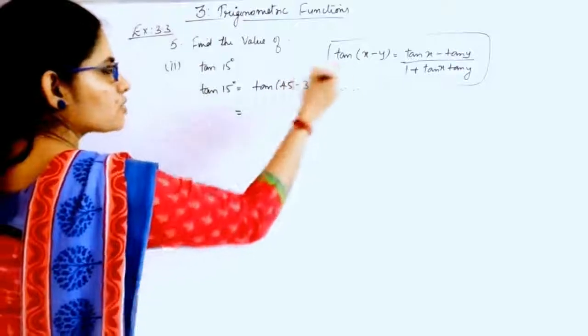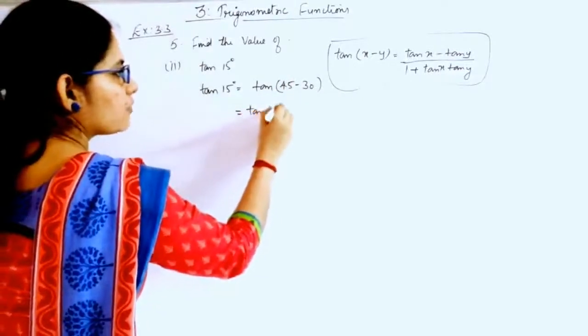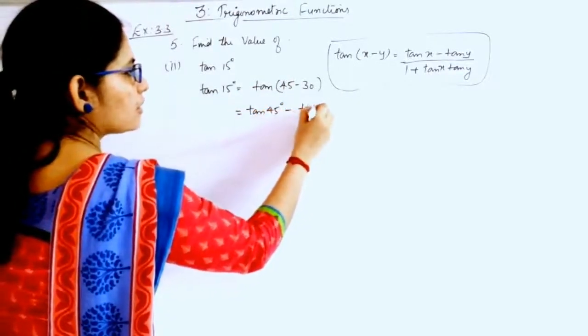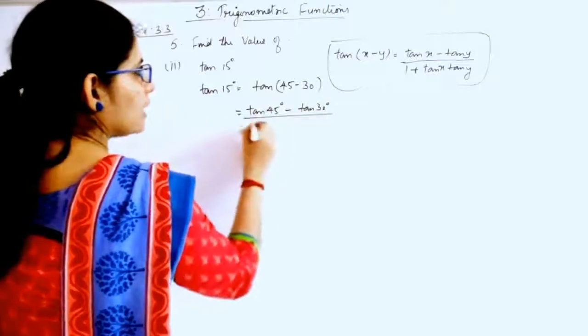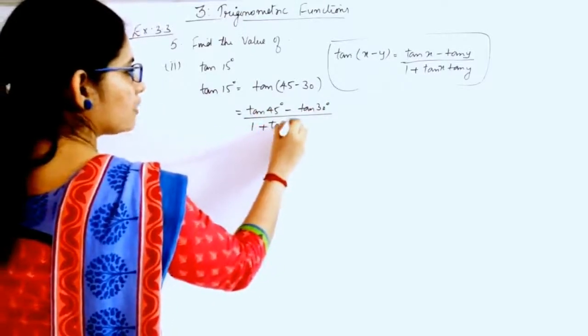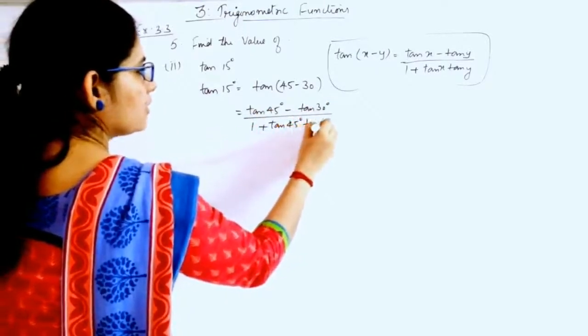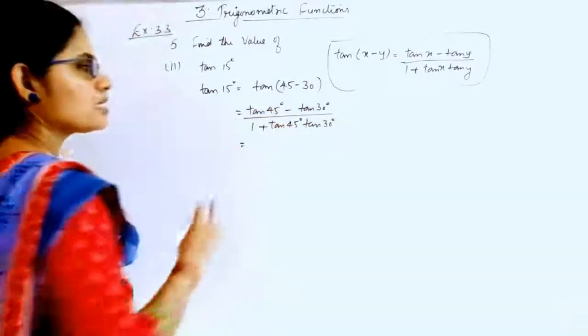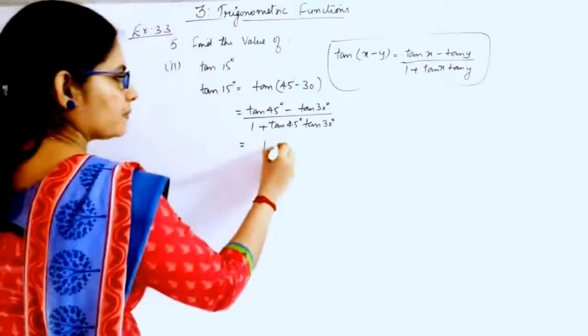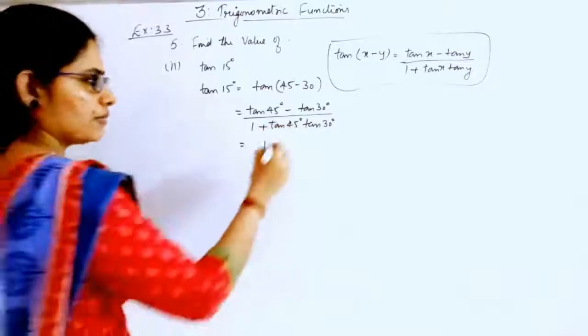Now using that formula, what you will get is tan 45 degree minus tan 30 degree divided by 1 plus tan 45 degree into tan 30 degree, right? Now what is tan 45 degree? It is 1, and tan 30 degree is 1 by root 3.